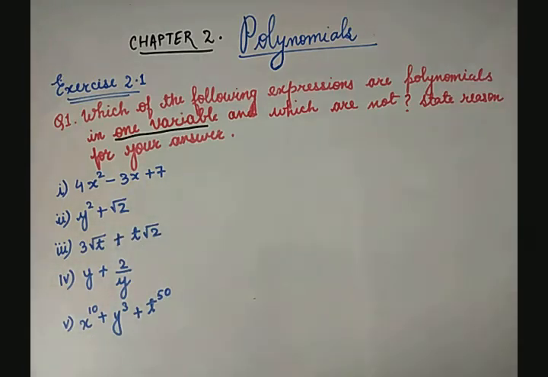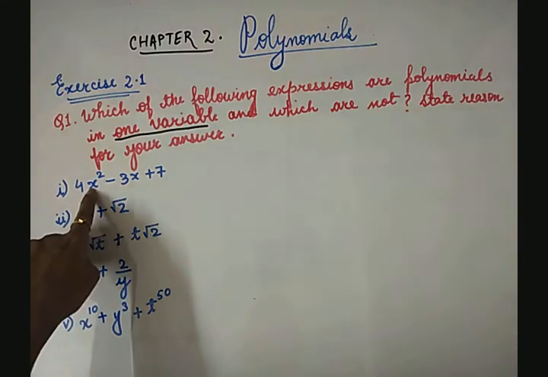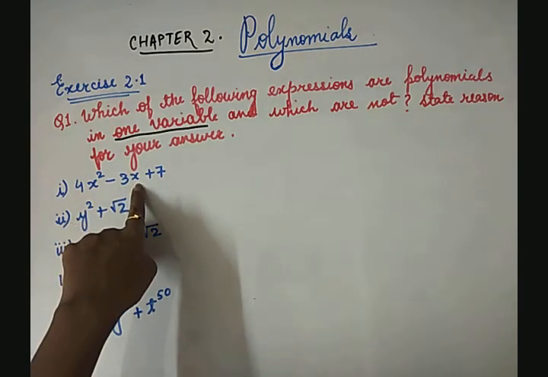Let us see. The first one is 4x square minus 3x plus 7. How are you going to do this? Check whether it is in one variable. Yes, there is only one variable, that is x. Now check whether it is a polynomial or not. So check the powers of the variable. The first term has power 2, that is the exponent 2, and here the exponent is 1.